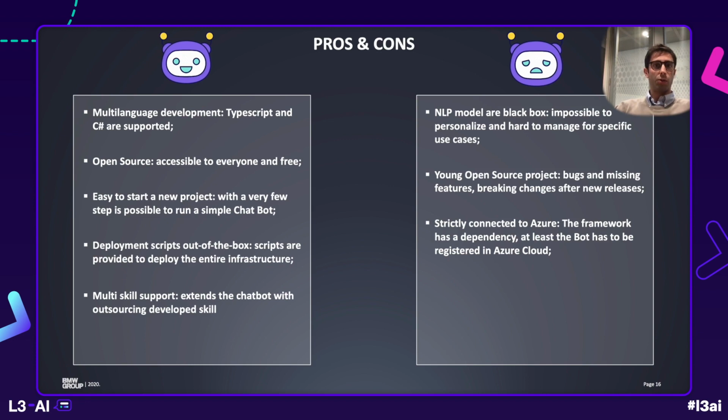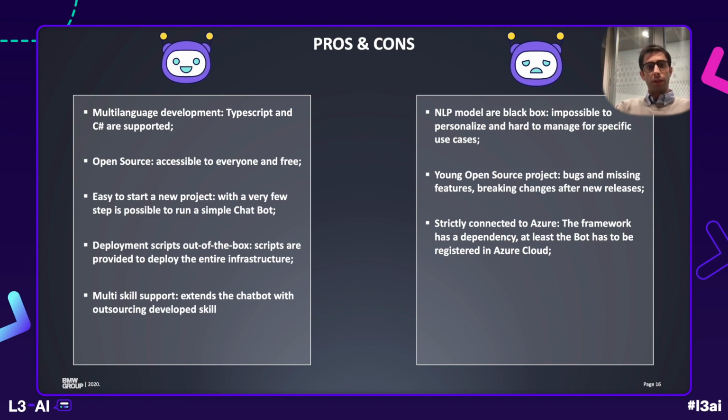They provide out-of-the-box scripts for the infrastructure part, and also for the actual bot connection and deployment. And as we said before, it's multi-skill support, so everyone from other departments can also develop a skill and plug it into our virtual assistant or whatever other enterprise assistant you have.